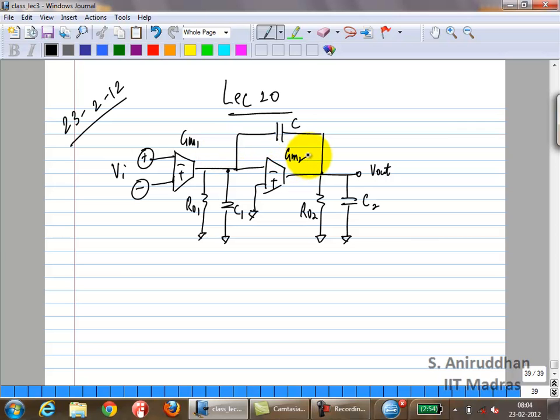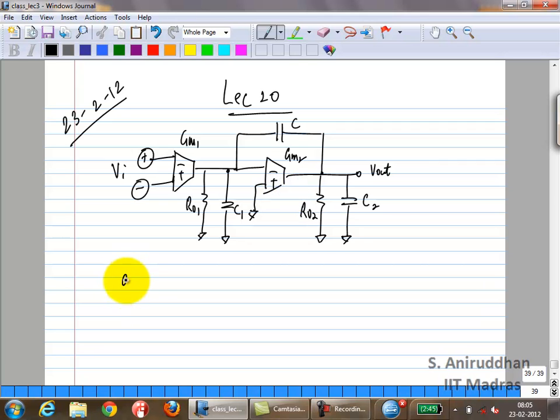So now the difference between this and the earlier case is that C is actually put across the input and output of the second transconductor to act as the integrator, to act as an I to V converter. Also note the signs. I have been putting all the plus minus signs, but what you need is overall negative feedback, so you know what the signs should be. So just keep track of that.